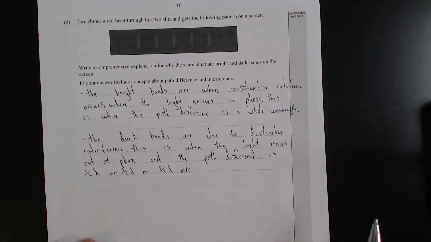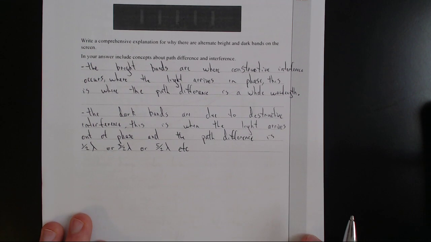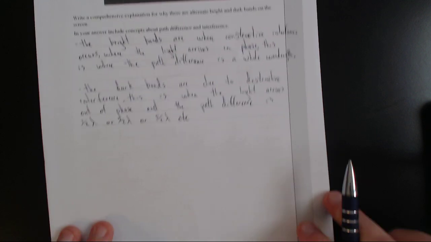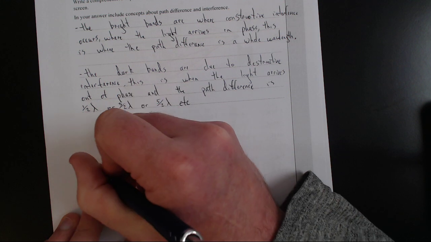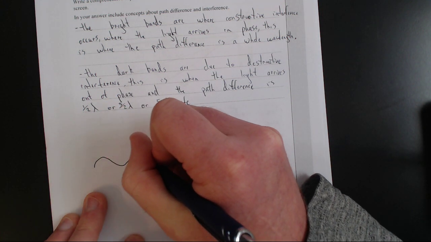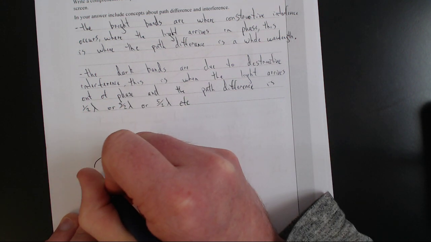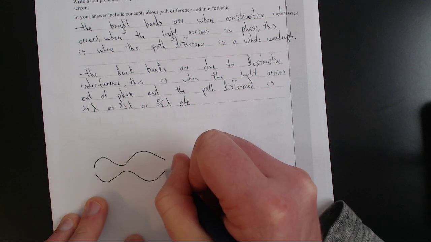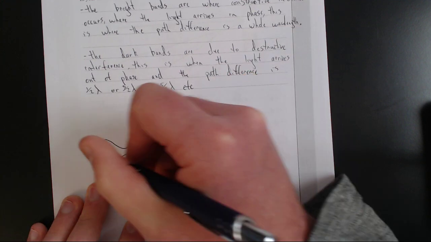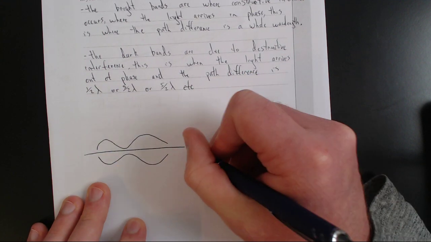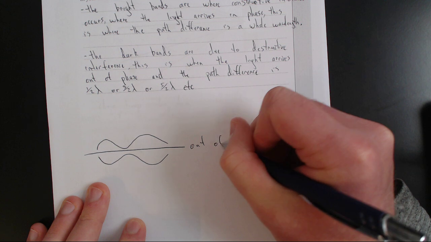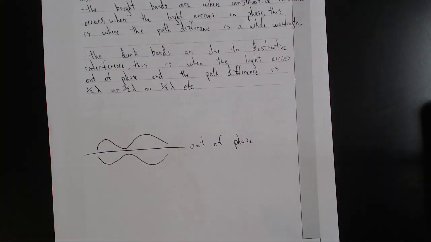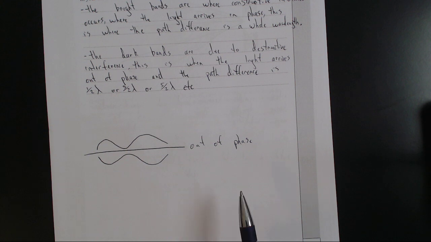In other words, when the waves are out of phase, I'll draw a wee diagram down here, so let's try and draw this neatly. I'll just separate these two, out of phase by 180 degrees, but you're not expected to know that exactly in level 2.